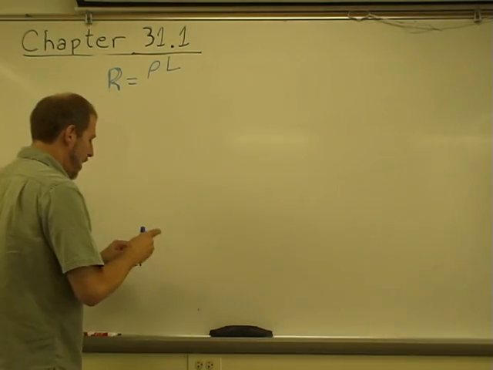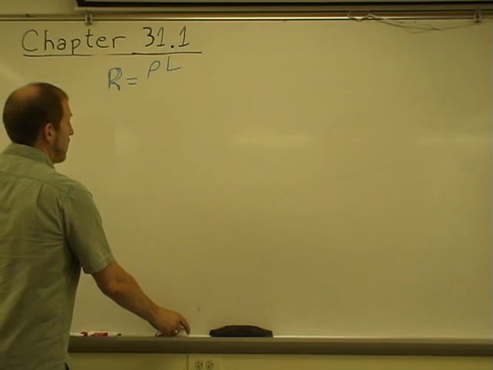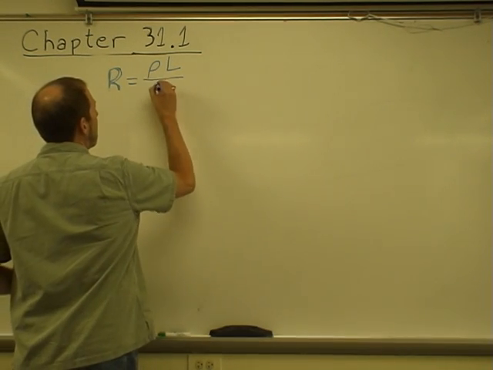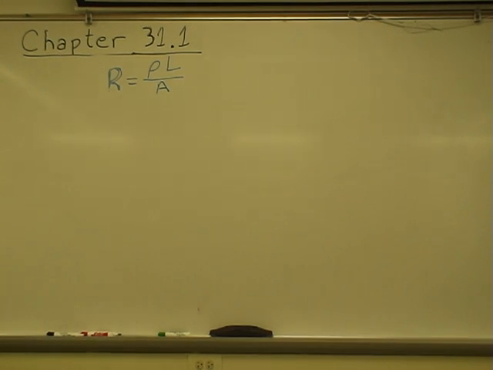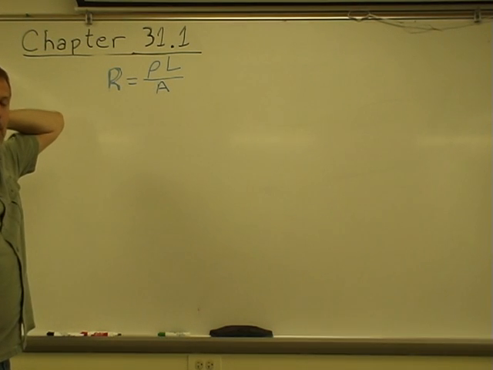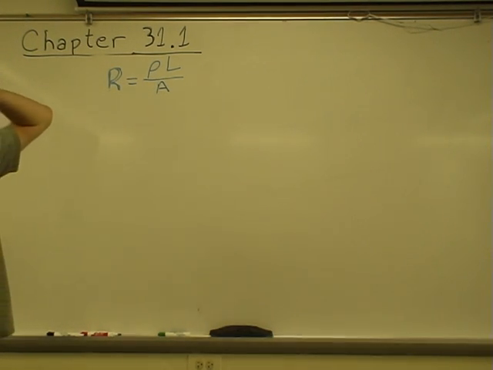The longer the object, the higher the resistance. The higher the resistivity, the higher the resistance, divided by the cross-sectional area, because the higher the cross-sectional area, the lower the resistance. If we're going to make this anthropomorphized model, the easier it is for the electrons to run around each other.